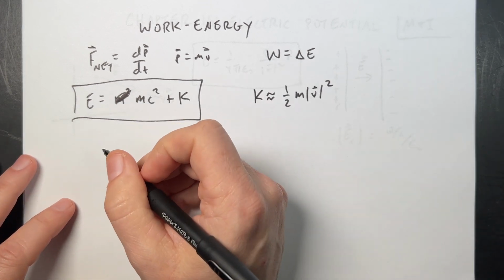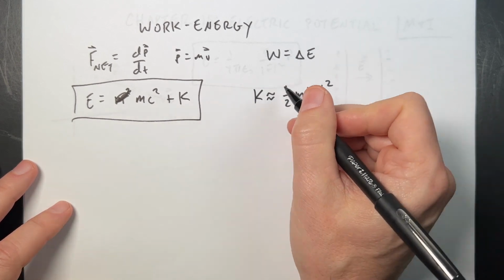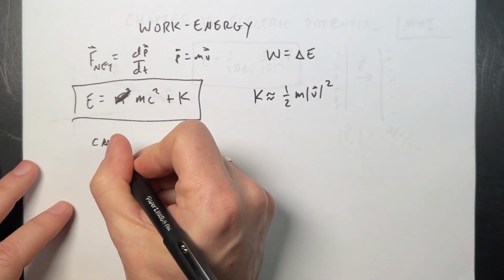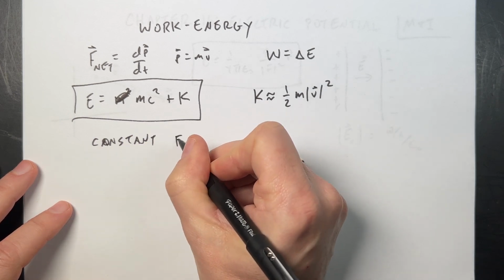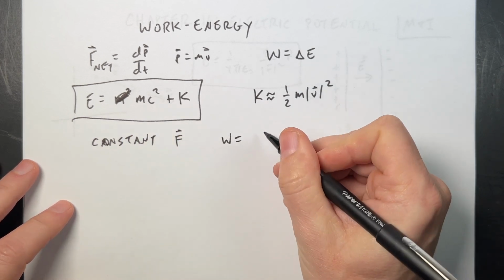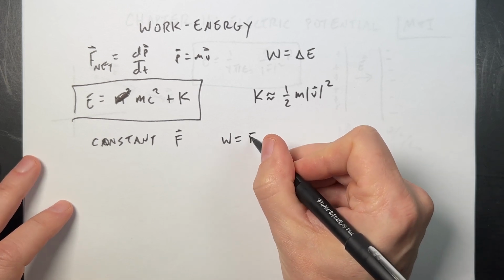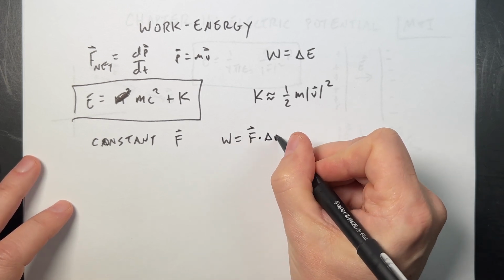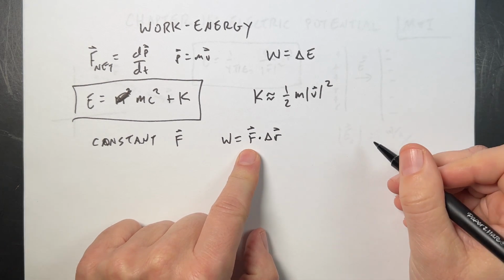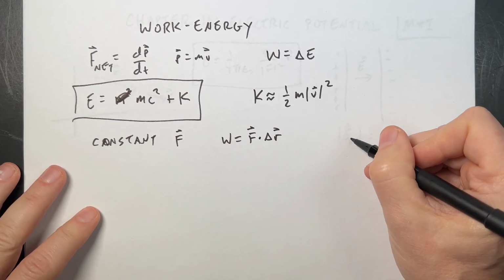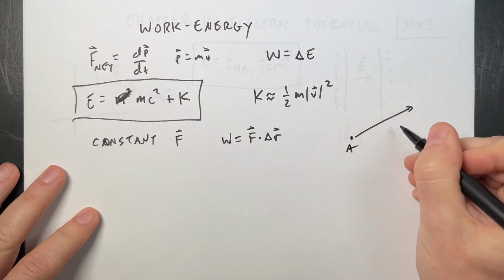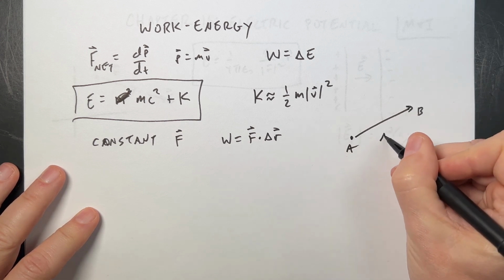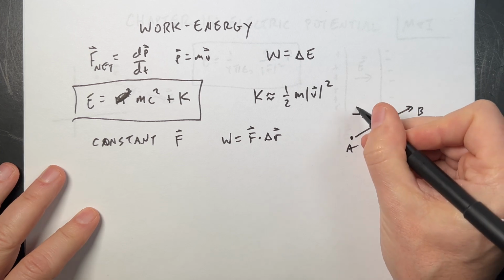Well, if the force is constant, so I'll put constant force, and I'll spell it wrong, then work is F dot delta R, where F is the force and delta R is the displacement. If I imagine I go from here to there, that's my vector from point A to B, that's the vector delta R, and that's the force F.